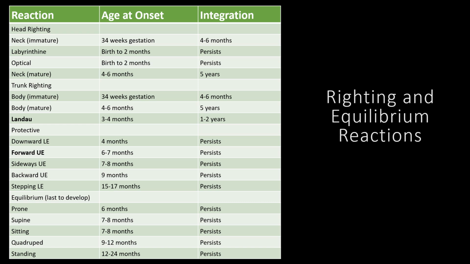But it is important to understand that as the reaction type matures, obviously the ages progress, but its likelihood of persistence also progresses. So we can see that equilibrium reactions have a greater contribution to our maintenance of balance as we age than our head righting reactions. And these are going to be important ones to test and assess for in the pediatric population, again, looking at developmental delays or developmental progress.